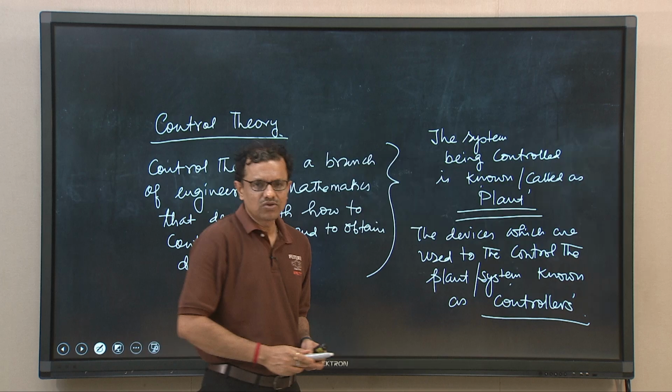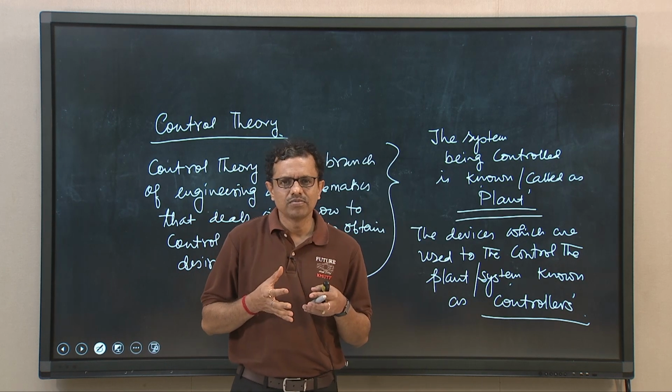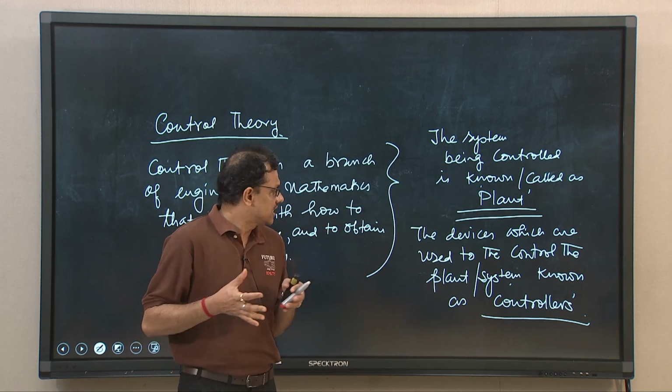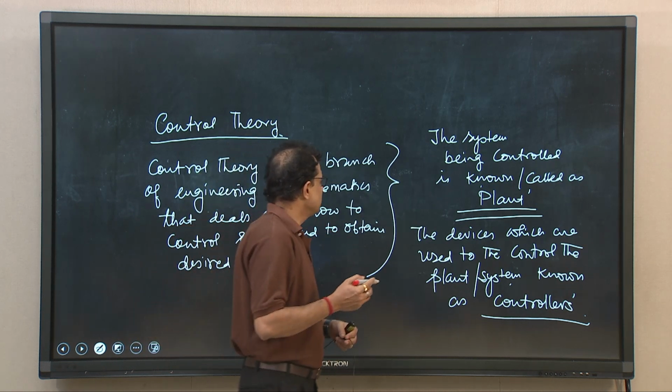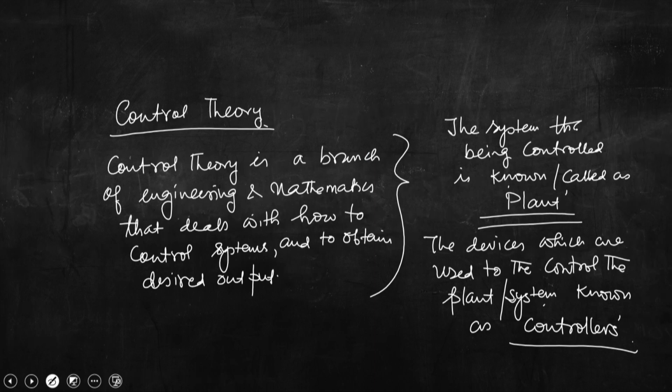So, plant and controllers, these two are important. The system that is being controlled is called the plant, and the devices which are used to control the plant are known as controllers.